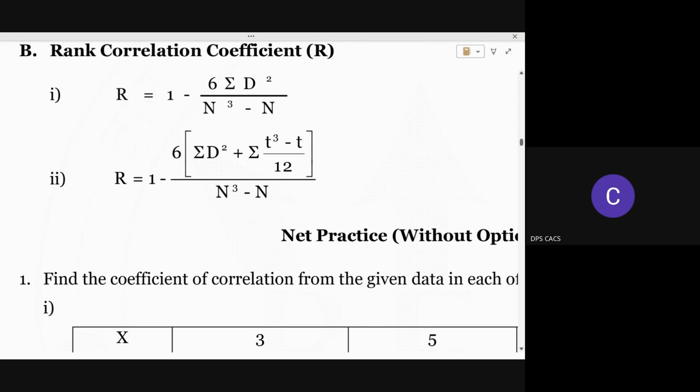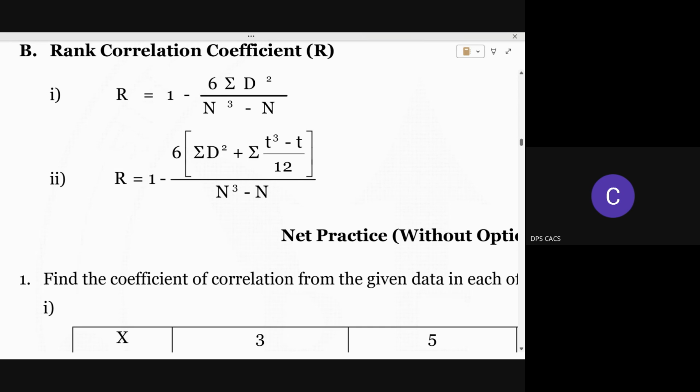Okay, remembered? Formula number 3. Very good.